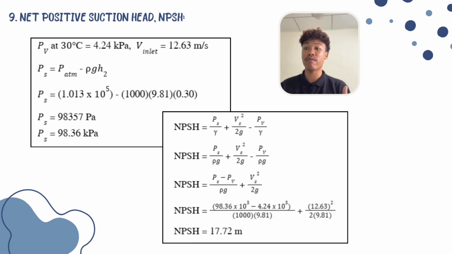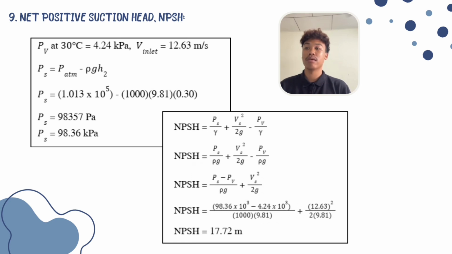So we need to find the value of PS. The formula of PS is PATM minus rho G H2, which is the level of water and the land.